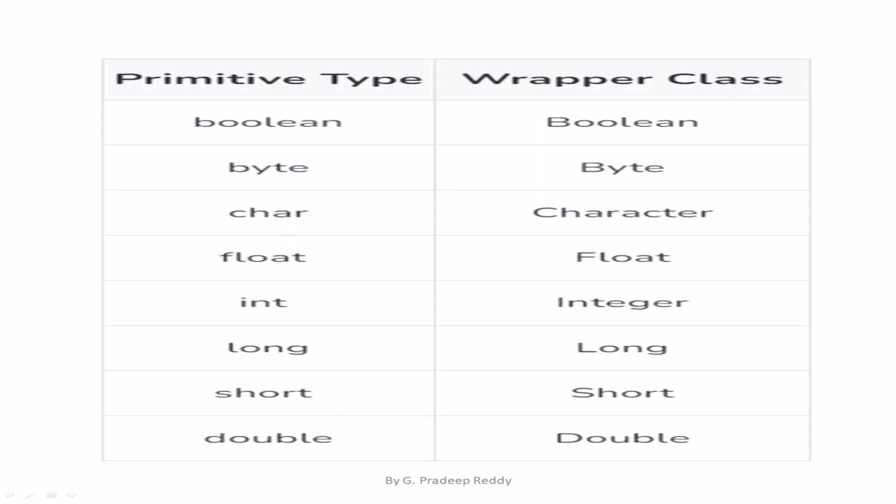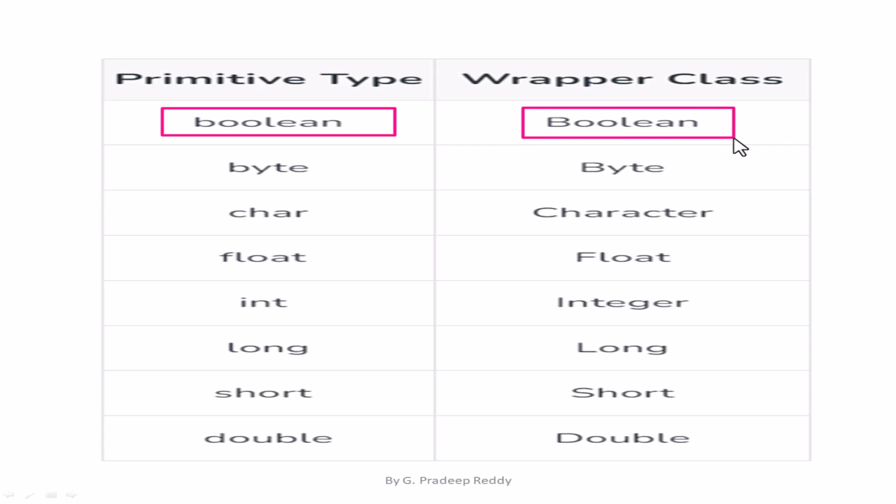Here we have the different primitive data types and the wrapper classes. Here we have boolean, so we declare the primitive data type boolean in small letters and the wrapper class is Boolean. Here you declare byte in small letters, and here you declare Byte with a capital letter.